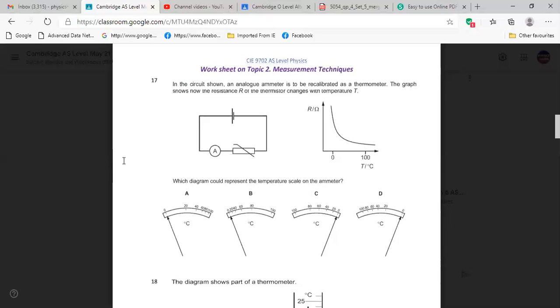Another point you write: in the graph shown, the resistance decreases drastically for a little temperature increase at the beginning.